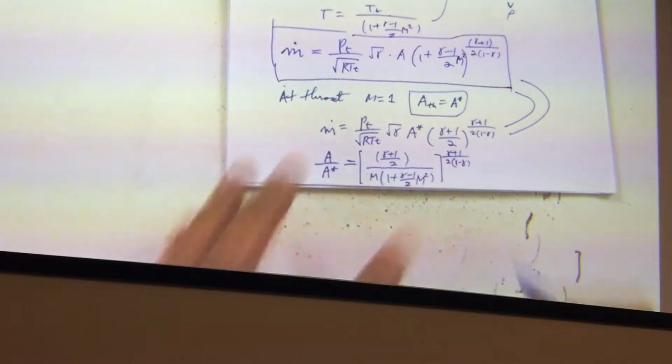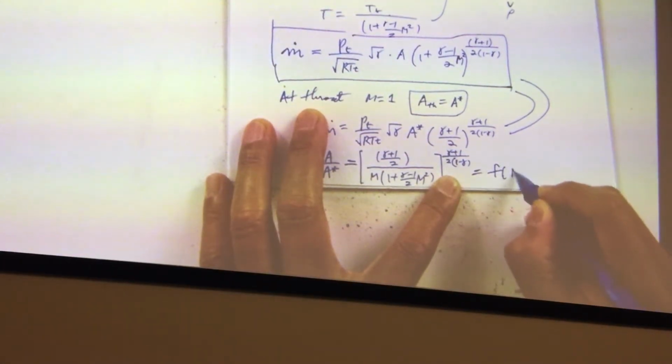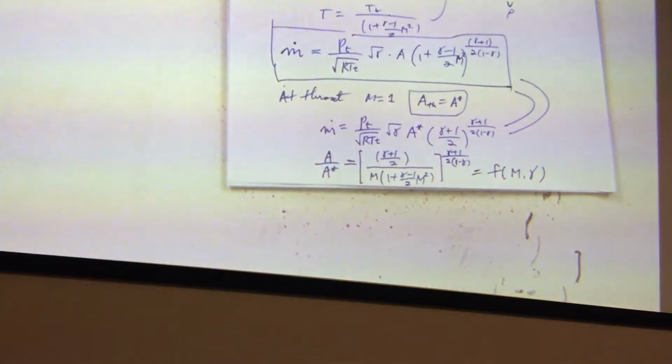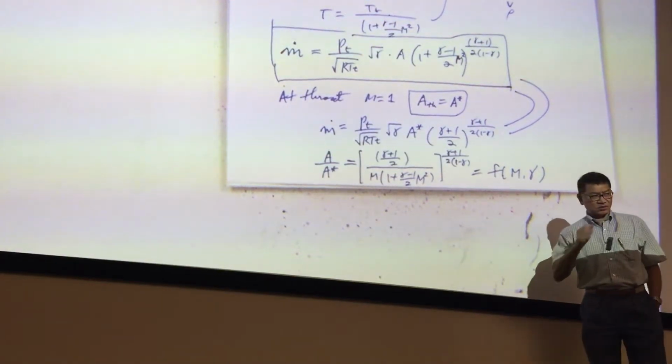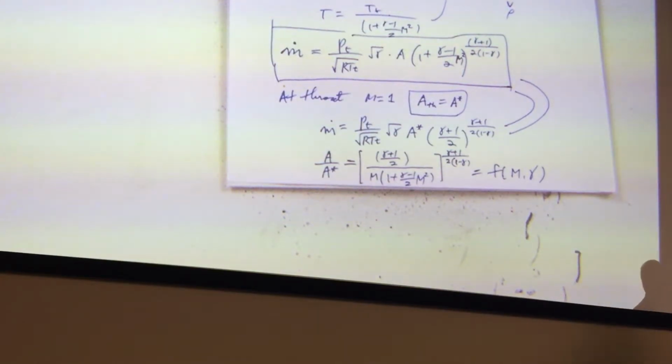So this is really a function of M and gamma. So that means for a given gas, as you know the gas, your Mach number is a function of area ratio at any location to define the flow.